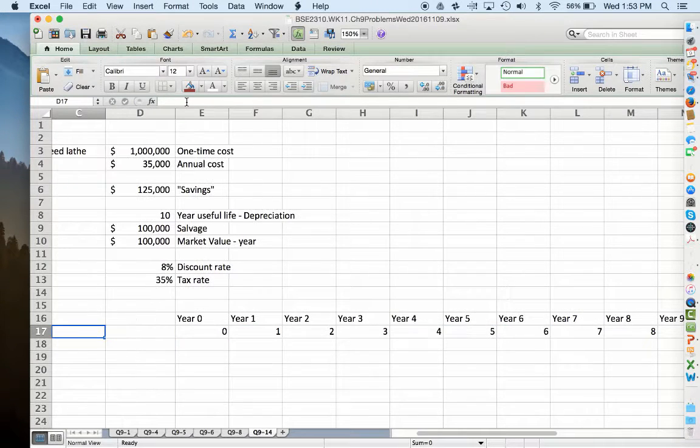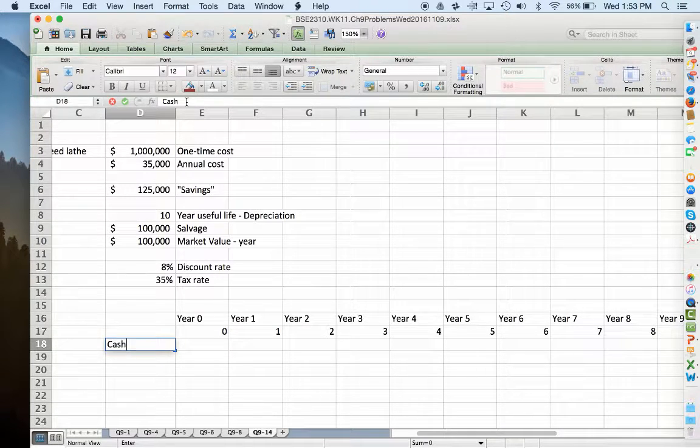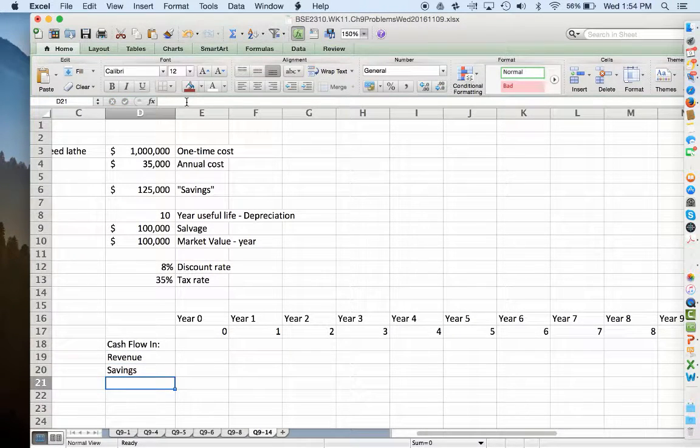Now, the first thing that I'm going to identify is the cash flow in. That is going to come from one of two places. It's going to come from revenue or it's going to come from savings. So when we're evaluating a project, we have cash flow in, and the project is either going to generate some type of revenue or some type of savings, right?